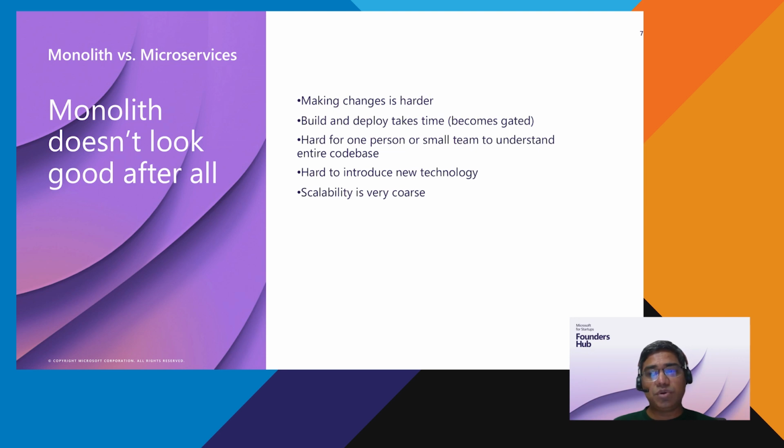And as you grow, you might want to introduce new technology, right? It becomes harder to introduce new technology because everything is talking to everything else, and it's just one huge code base. Scalability is very coarse, so you might run multiple instances of the monolith, or the other option is you have to vertically scale. So let's look at the other option.